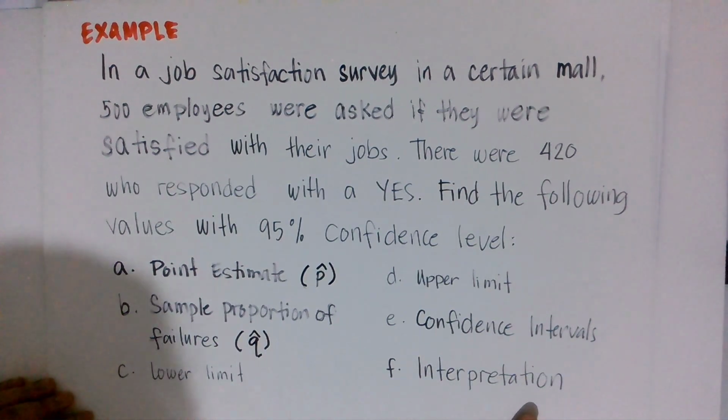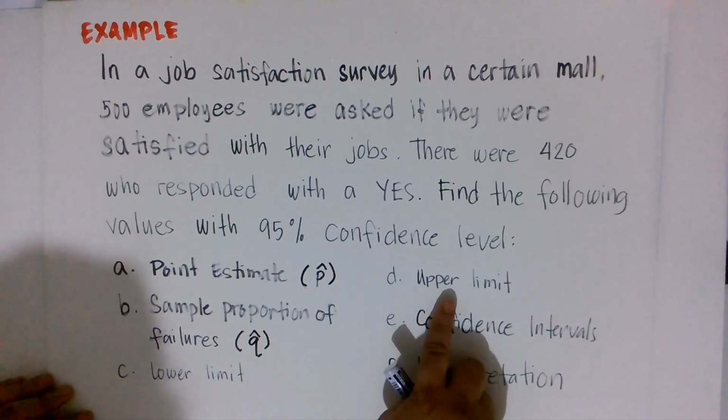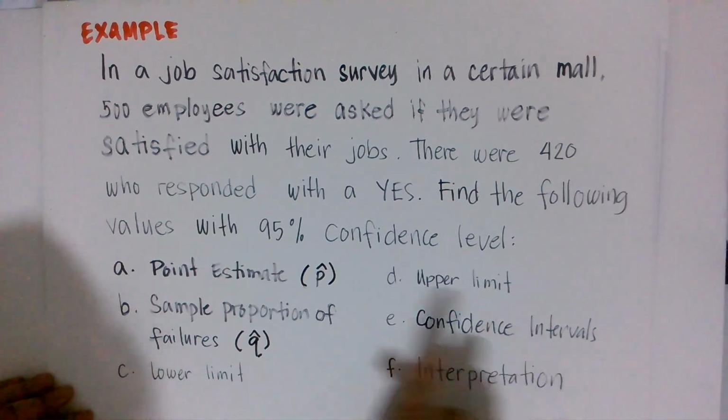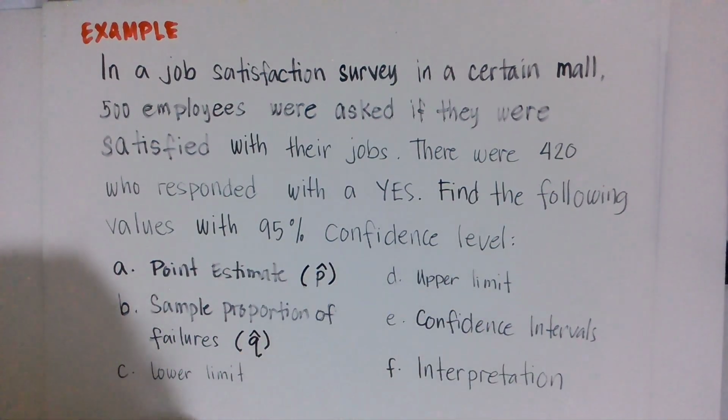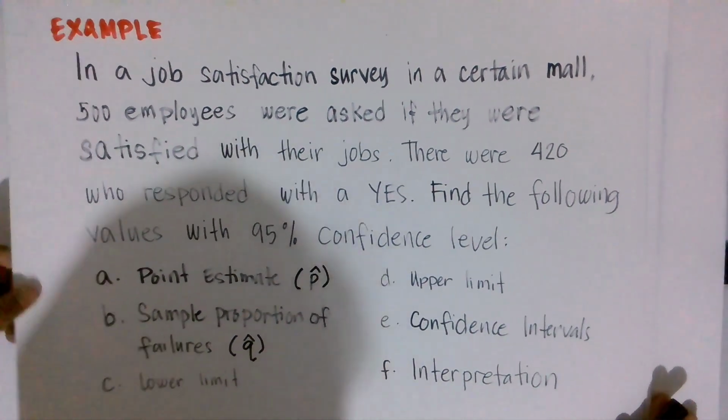Okay. So, kung ano yung mga lower limit and upper limit na yan, I'm going to explain that later on pag nagsosolve na tayo. Okay? And also the confidence intervals. So, now, let's solve this problem. Okay? Solutions.